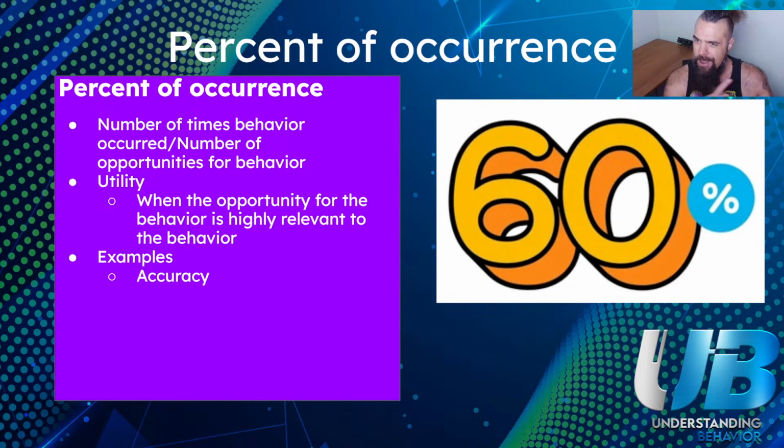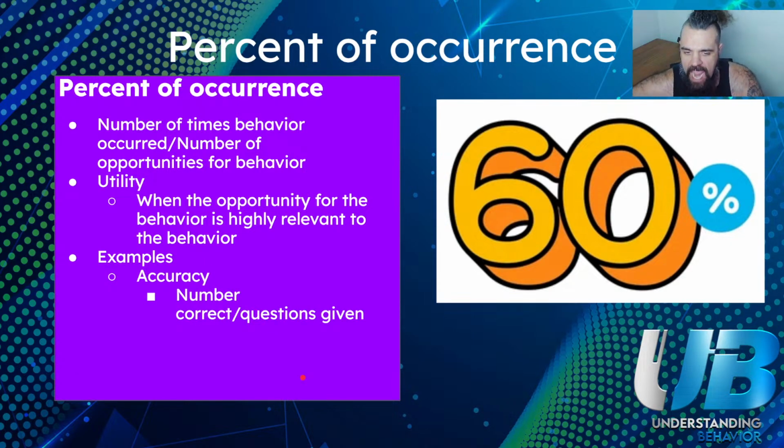If I only took it 1 time, this would have been really great, 175 out of 175. But now that I took it 4 times, 175 out of almost 800 is barely better than chance. That's what we mean when the opportunity for the behavior is highly relevant.